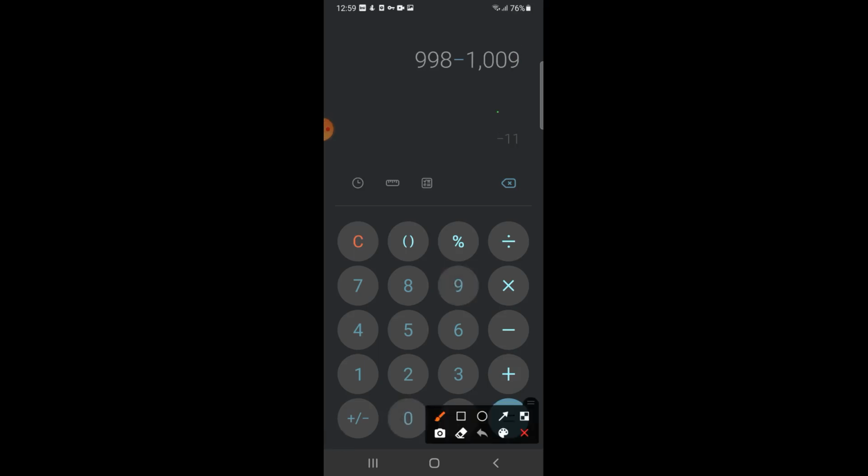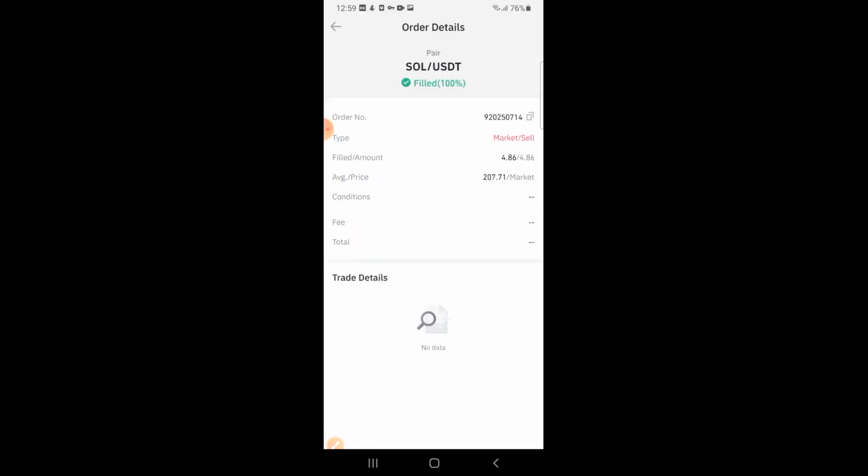My total profit is $11, as you will see. Just in 5 minutes I have got 11 USDT in this way.